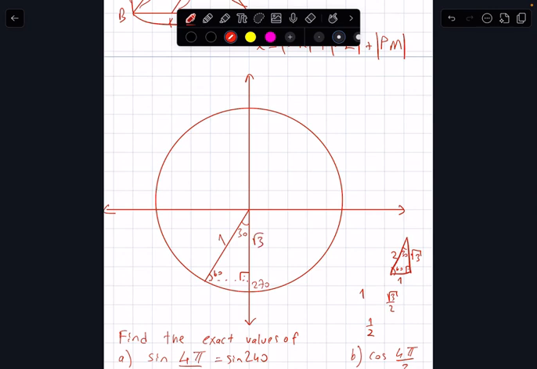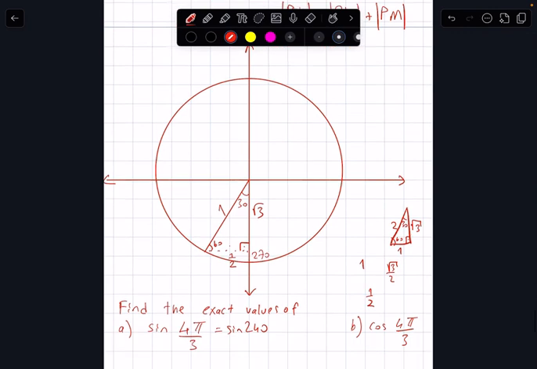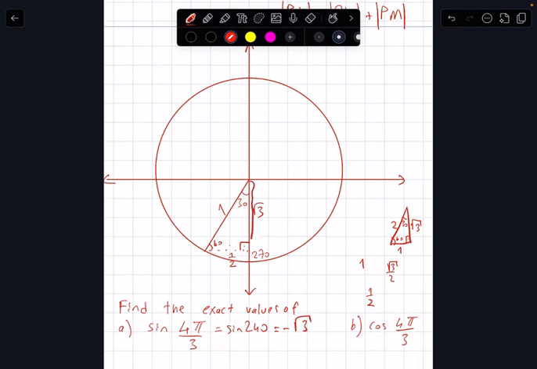Square root 3 over 2, and this is 1 over 2. Okay? Now, what is it asking me? The length of it, right? So, sine 240 is going to be equal to negative square root 3 over 2, the length of this one, right here.